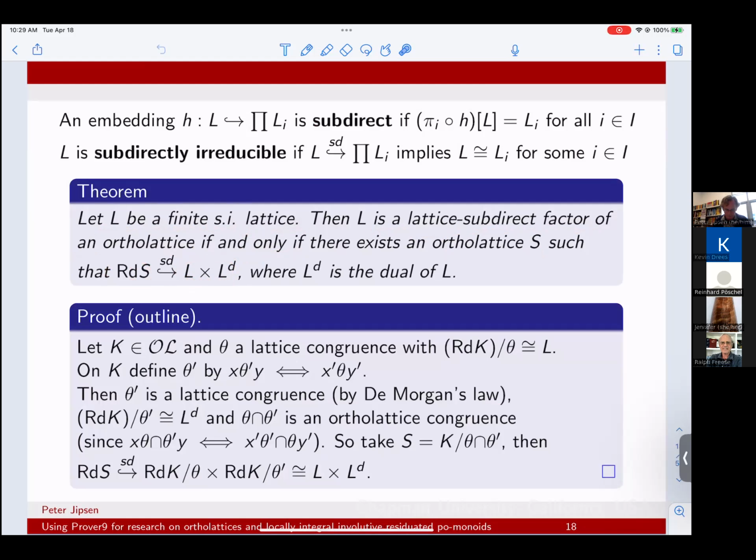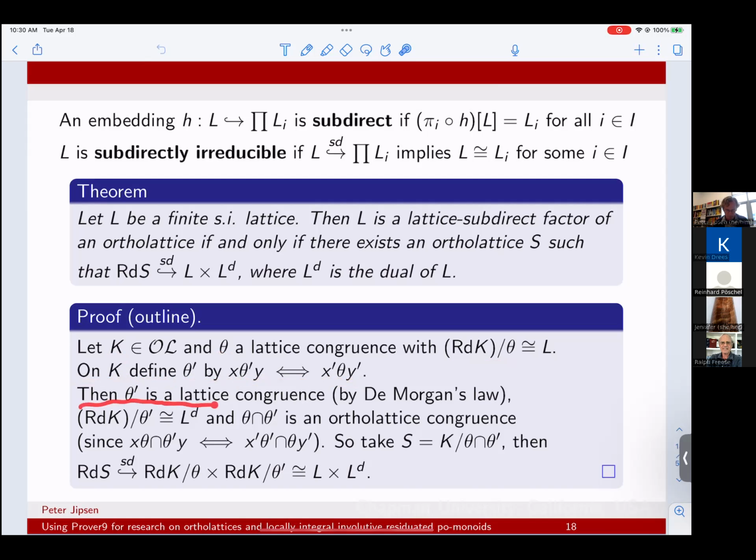And here's the proof for the theorem. You just have to carefully look at how this works. So you take an ortholattice K with a lattice congruence theta that gives you L. And then on K, you can define another congruence by saying that the pairs related by theta prime are exactly the ortho complements related by theta.